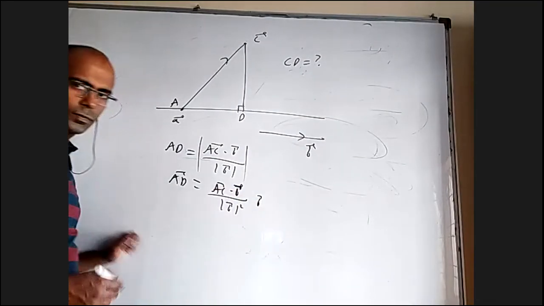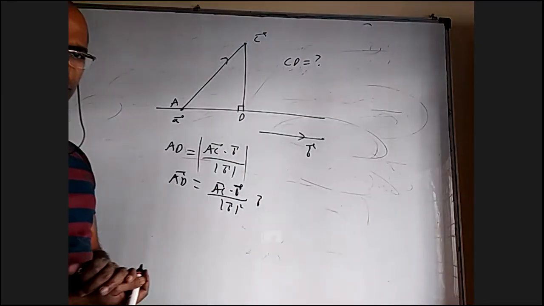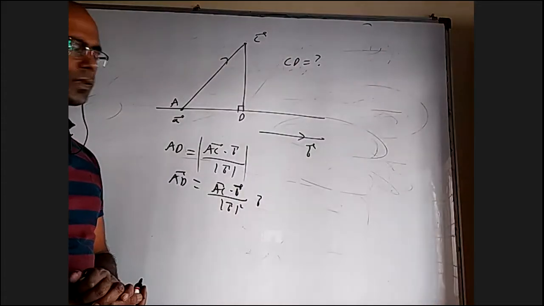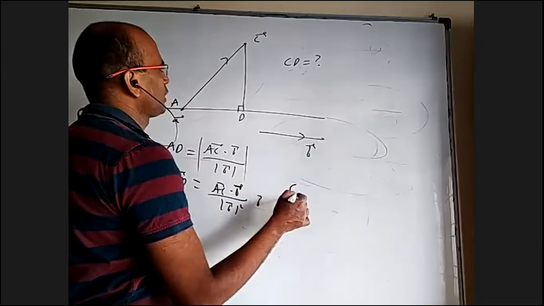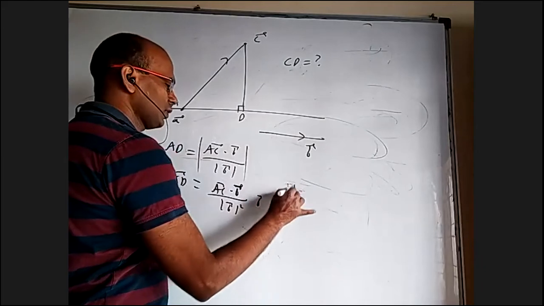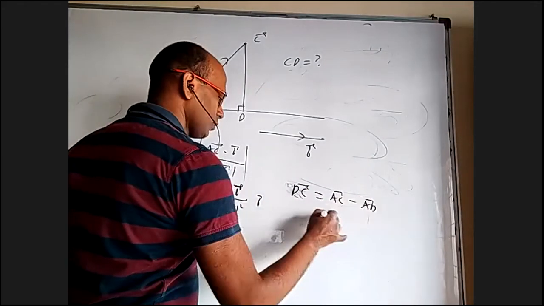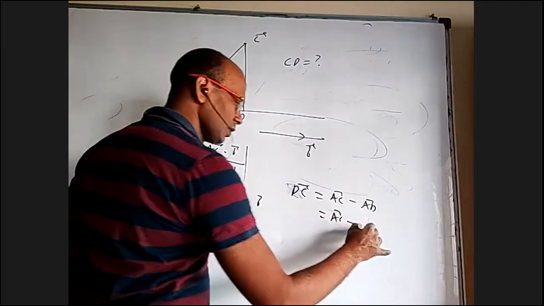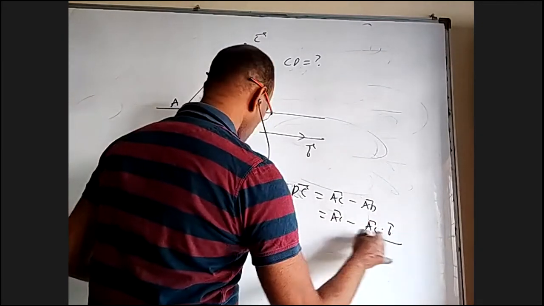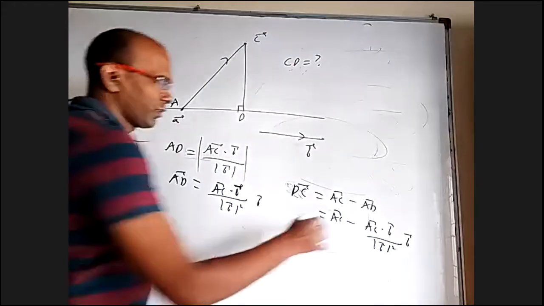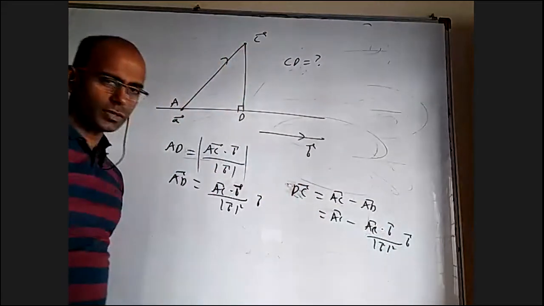In triangle form, if you want DC bar, it is AC minus AD, which is AC minus AC bar dot B bar by mod B bar square into B bar. You will find this and then you'll find the magnitude of this.